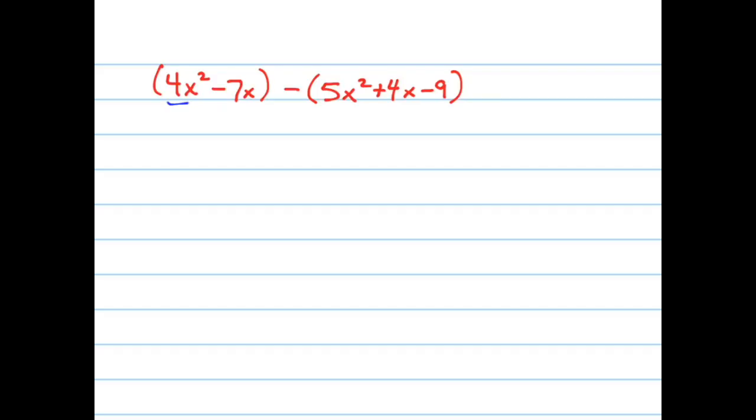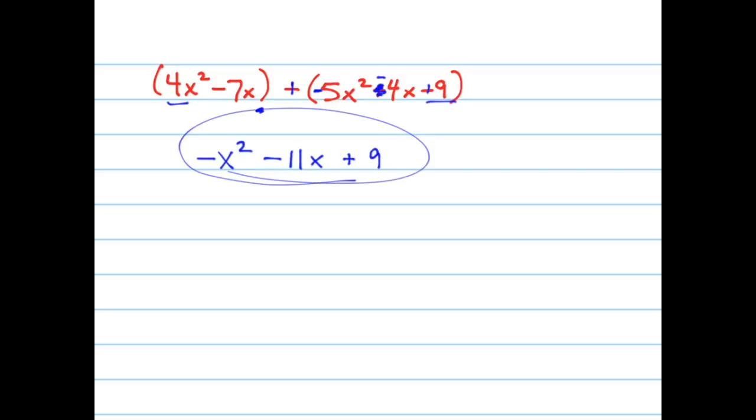Maybe that worked better for you. That would make this positive, that would become a negative, this would become a negative, and that would become a positive. So 4x squared and negative 5x squared becomes negative x squared. Negative 7x and negative 4x gives us negative 11x. And then there's no constant term in this one, so we just have a positive 9 hanging out from this term. We're all set.